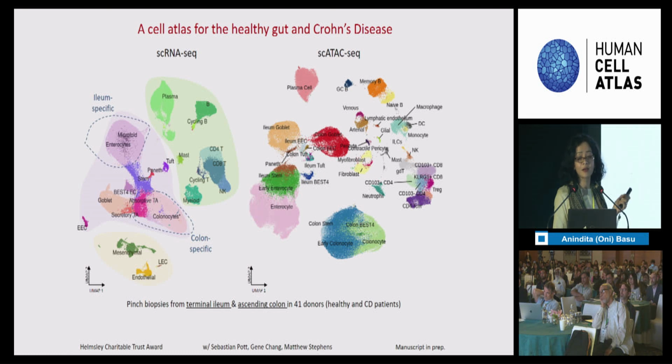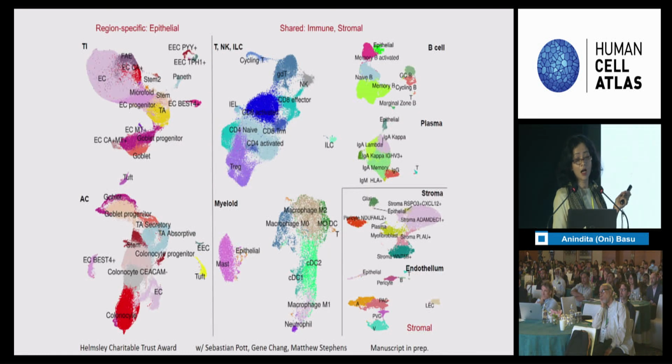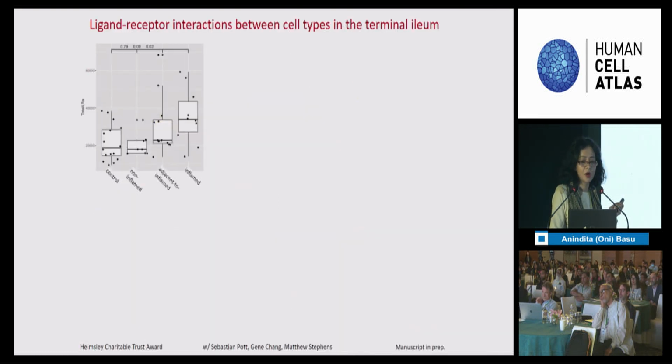So here is again a very complicated picture, but there really is a large variety of cell types present in the TI, the terminal ileum, and the ascending colon in the body.